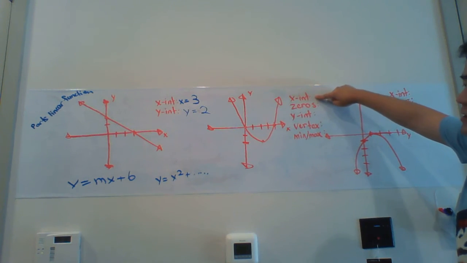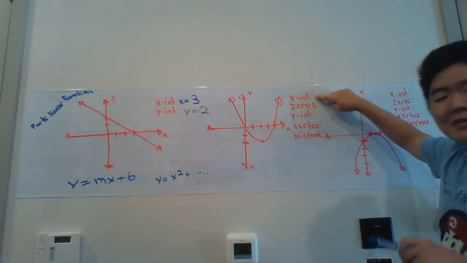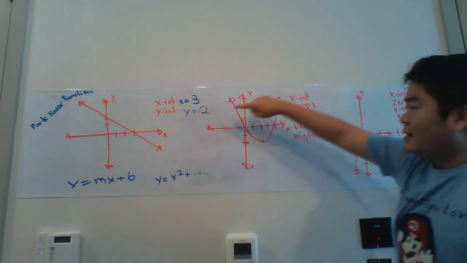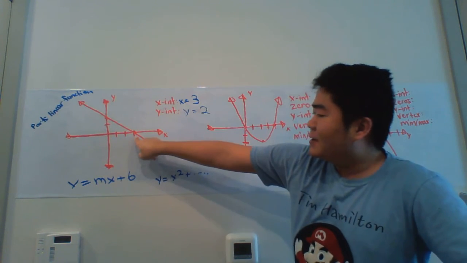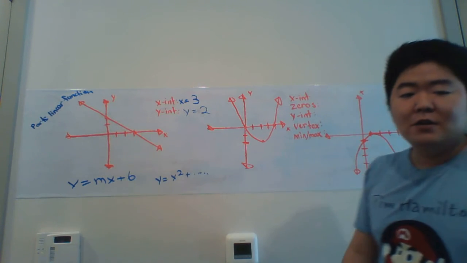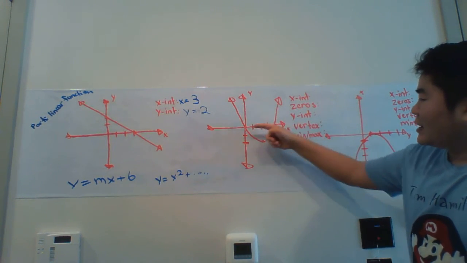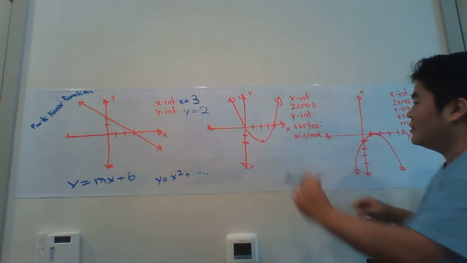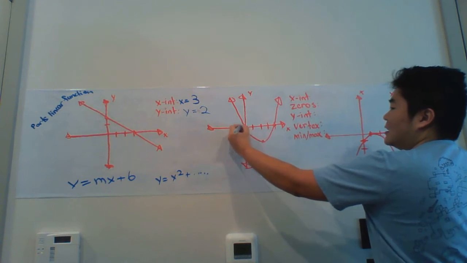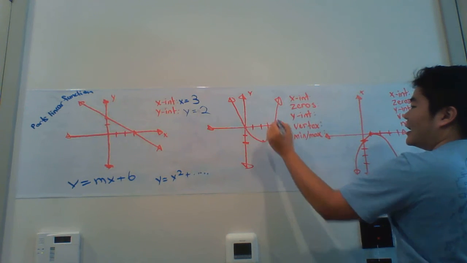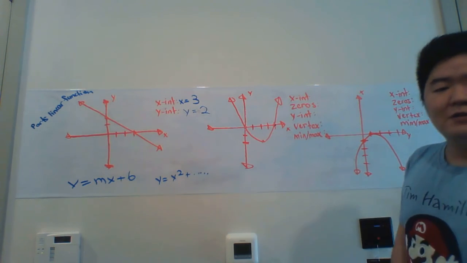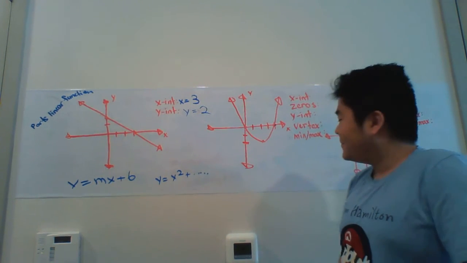We've got the x-intercept. This is pretty much the same thing as back here, right? You're looking at when it hits the x-axis. The only difference is that if you can see here, I'm going to look at the x-axis, right? But wait a second. It hits my x-axis here and over here. So, Mr. Chum, which one do I put?